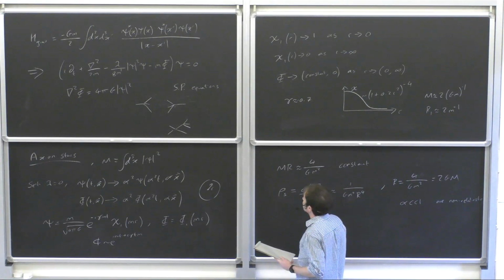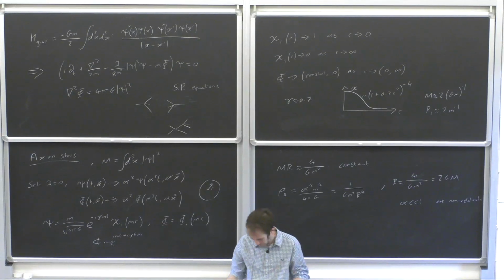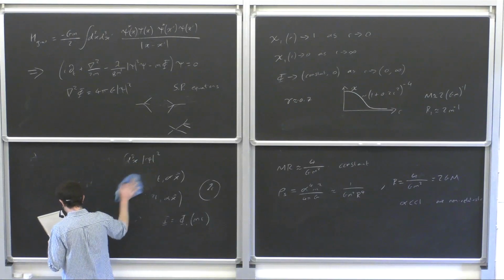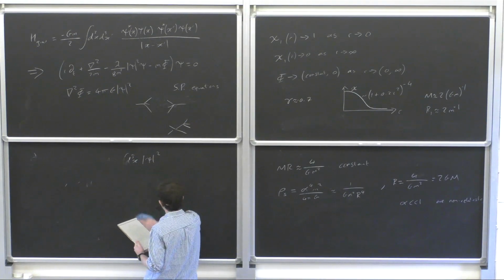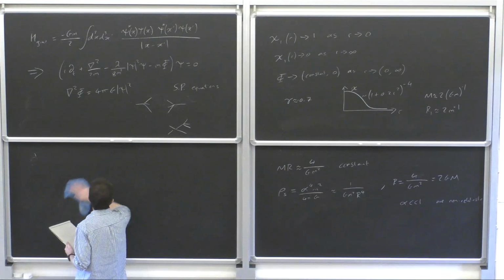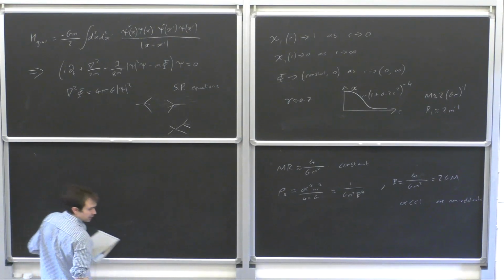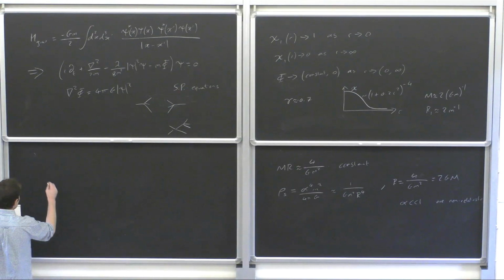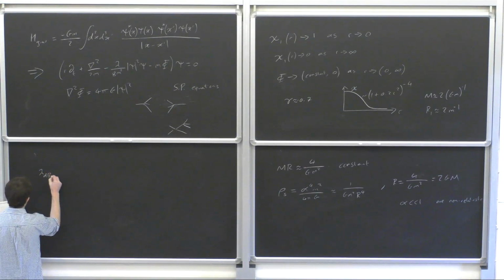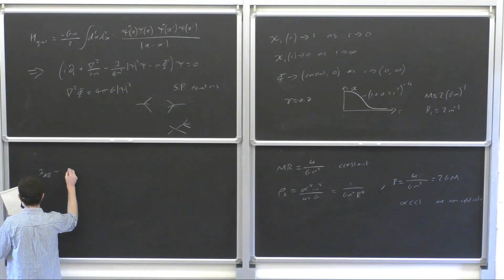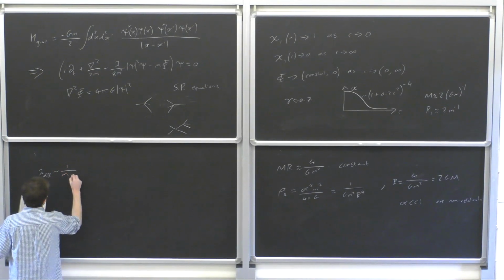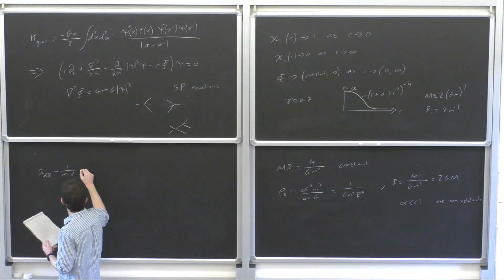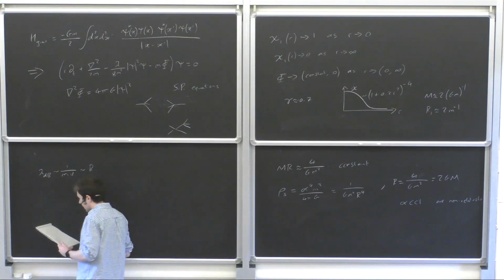To make this slightly more precise, if you calculate the de Broglie wavelength of the axions inside an axion star, one over mv, then this is exactly comparable to the radius of the axion star.